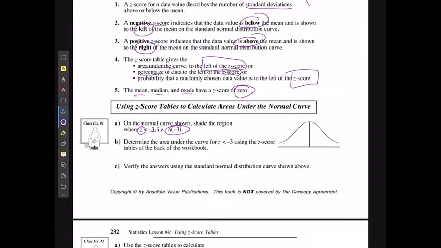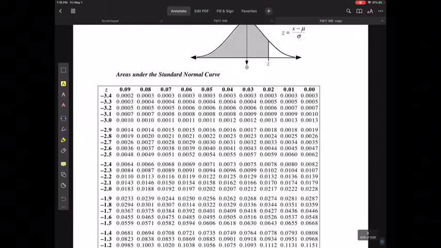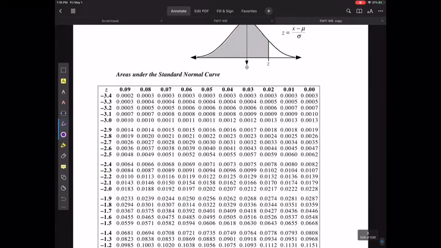I'm going to draw on my chart that this is the point of -3, and I want the area filled in to the left of this. Now I'm going to determine that area for z of -3 using the z-score table at the back of the book.